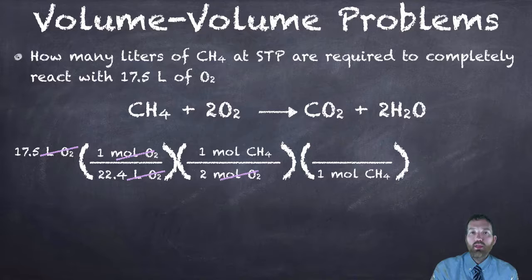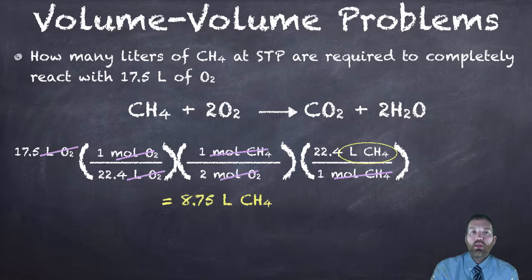Remember, 1 mole of any gas, like CH4, at STP is 22.4 liters of volume. So now moles and moles of CH4 will cross off. I'm left with liters of CH4, and it's time to go to my calculator. 17.5 divided by 22.4 divided by 2 times 22.4 is 8.75 liters of CH4.